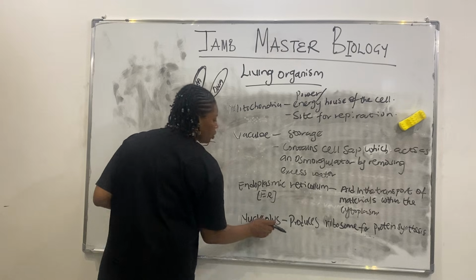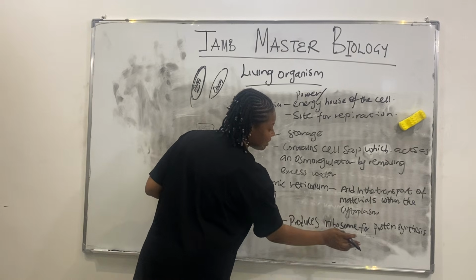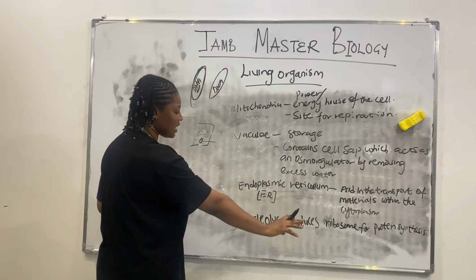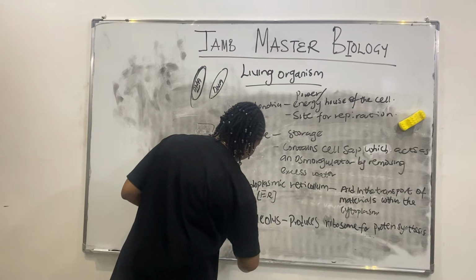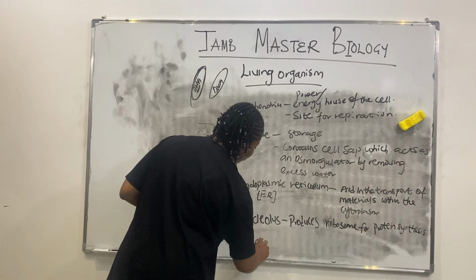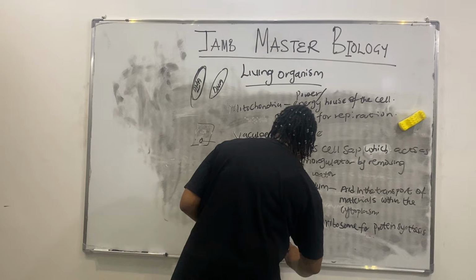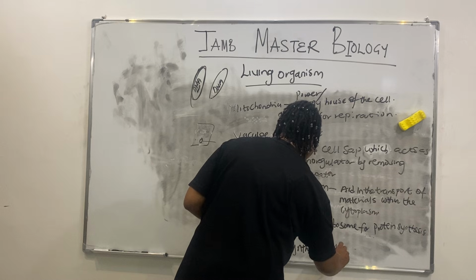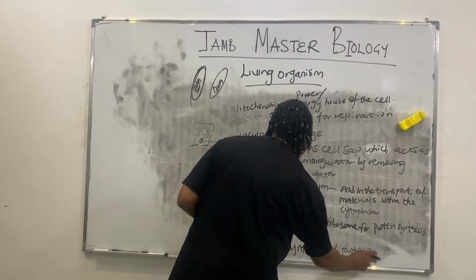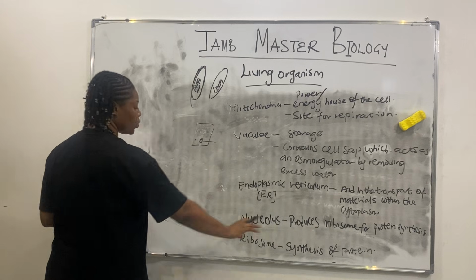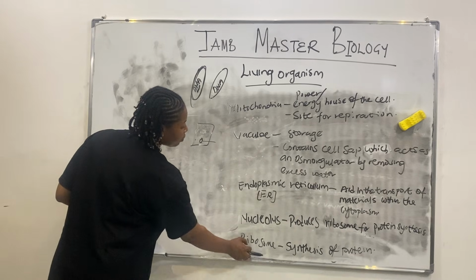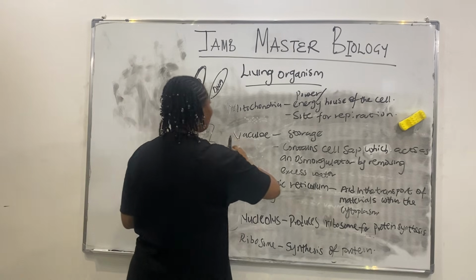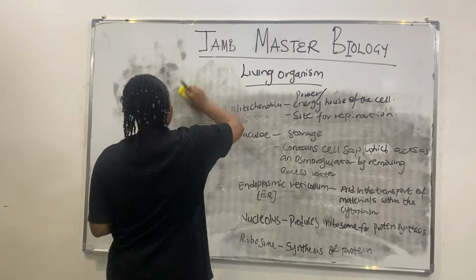That means the nucleus is responsible for the production of ribosome, and the ribosome is necessary for protein synthesis. So your body is able to synthesize protein because it contains ribosome. Ribosome is basically responsible for the synthesis of protein. Anything that has to do with protein in the cell is the ribosome, right? So I think you must have copied it down, and I'm taking it off so we can look at other organelles.